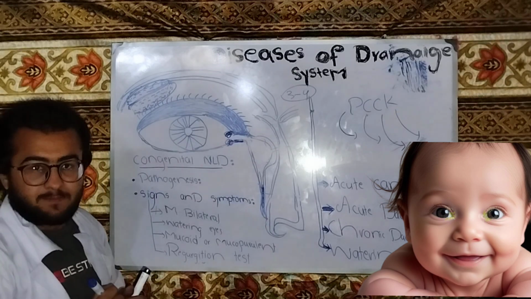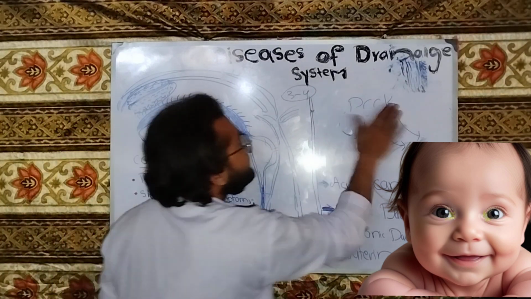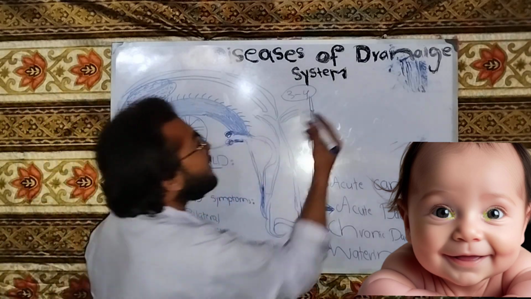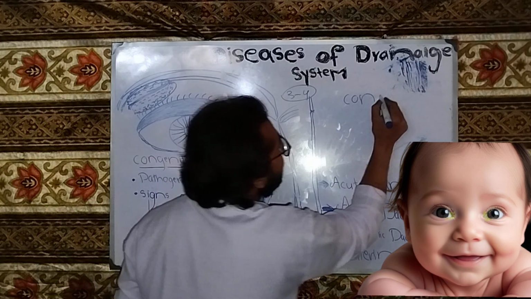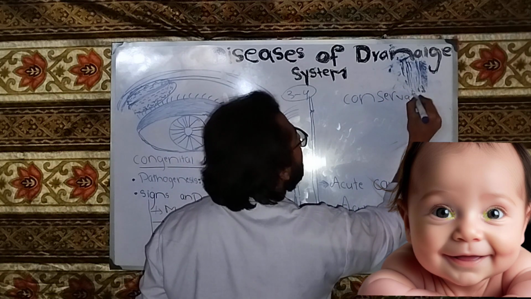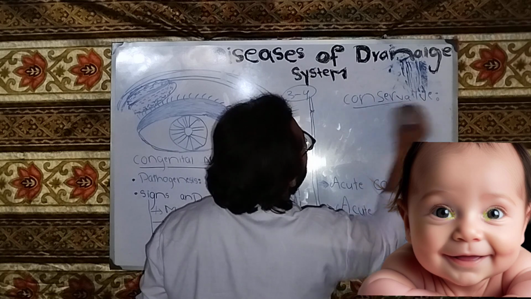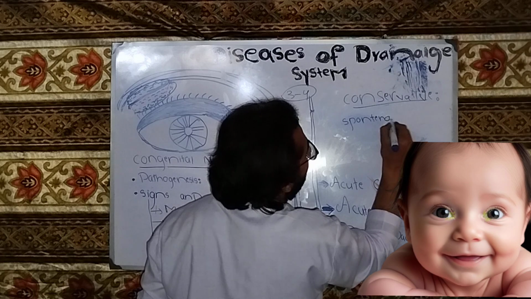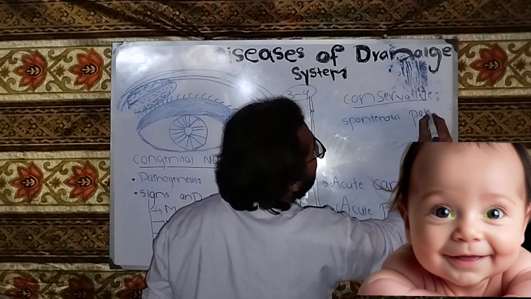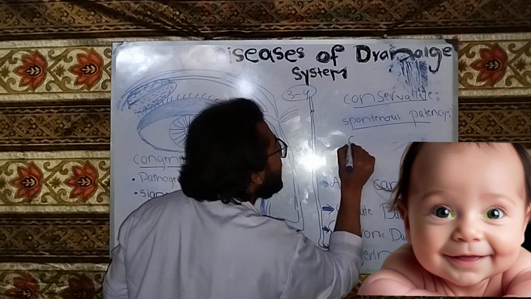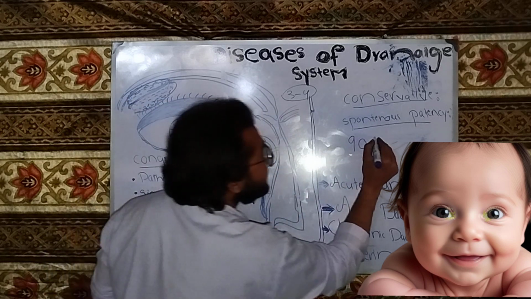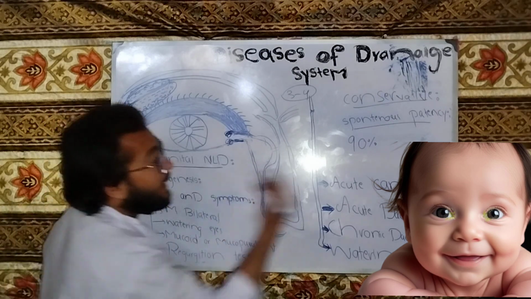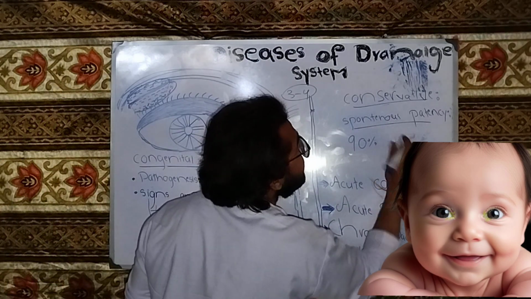Now what are the treatment options? We have the conservative treatment option and we have the surgical. In the conservative treatment option, spontaneous patency. Remember, in 90% of children this patency develops, this non-canalized membrane becomes canalized in about 6 months.